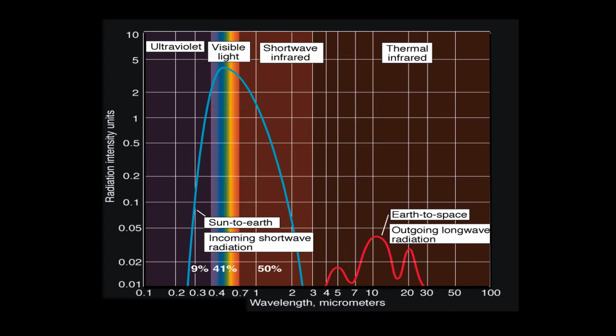Its wavelength is just shorter than the human eye can sense, from about 0.01 to 0.04 micrometer, and it makes up the ultraviolet portion of the electromagnetic spectrum. The sun gives us these types of electromagnetic radiation, and in the second layer of the atmosphere we have the ozone layer, so most of the ultraviolet radiation is absorbed by the ozone layer.